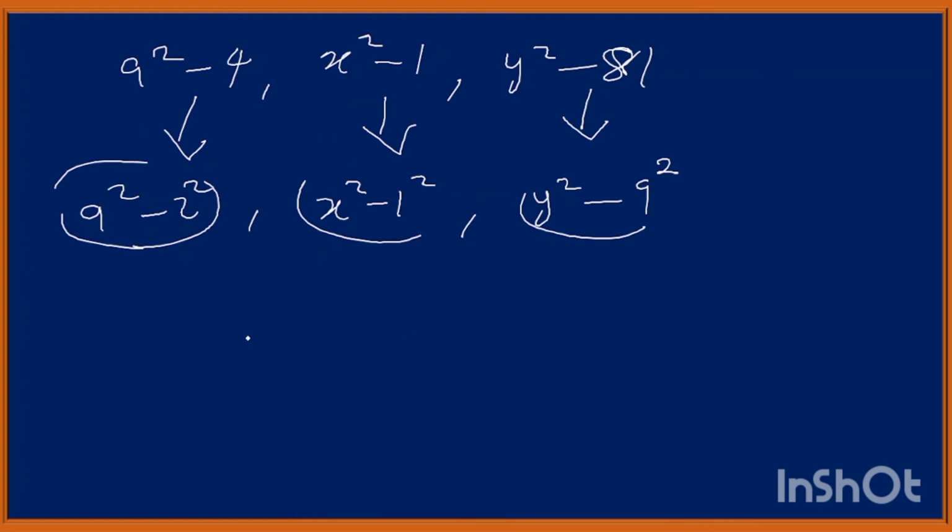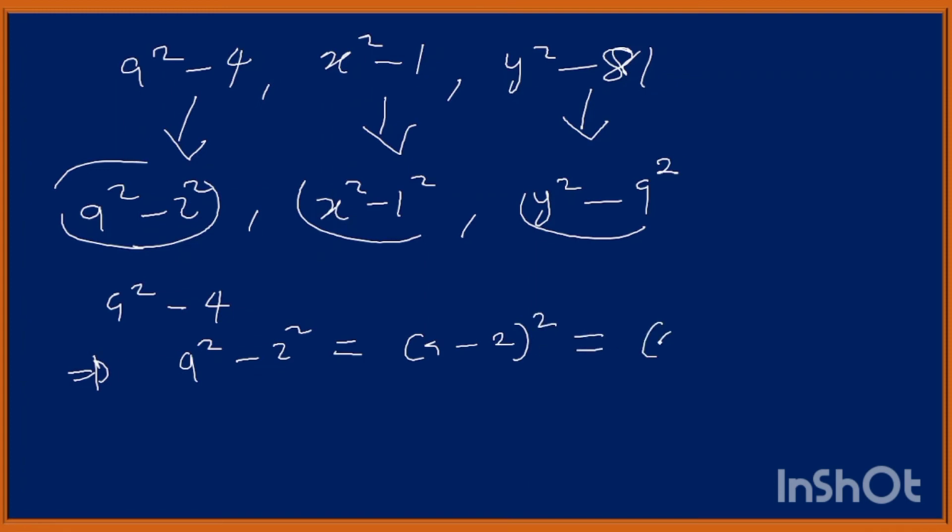So if we have things like this, how can we factorize? The first one is a squared minus 4. If I want to factorize this, it is the same thing as a squared minus 2 to the power 2, which is equal to a minus 2 into a plus 2.